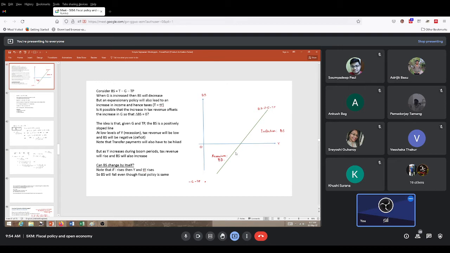On the other hand, if you have recession, y is falling. As a result, your tax revenue is going to fall. So during recession, you have budget deficits. During boom periods, you have budget surpluses. Okay, is it clear?